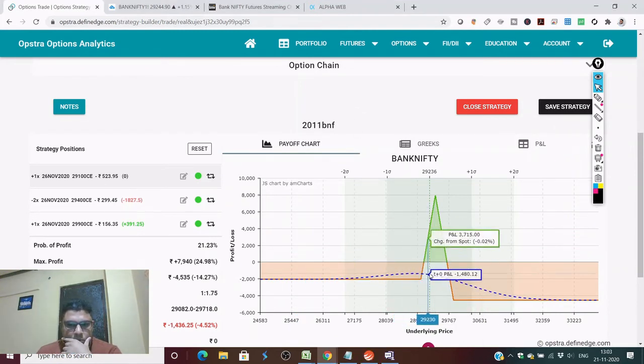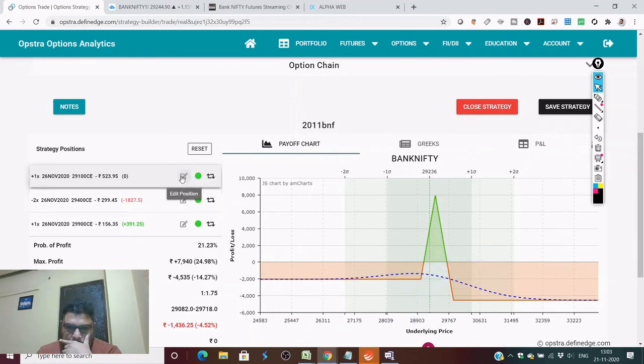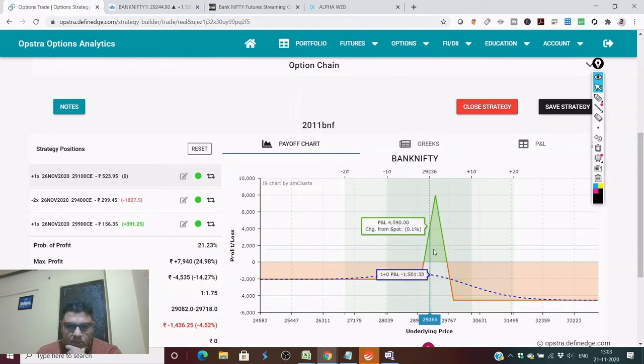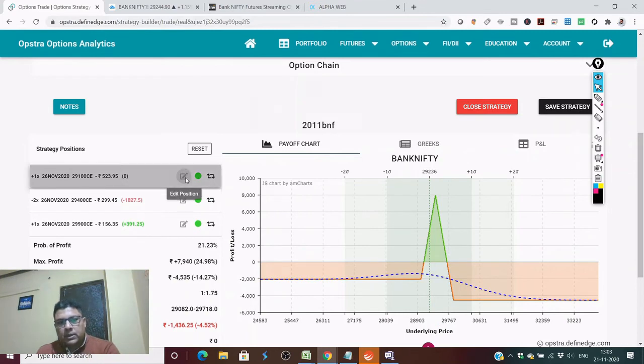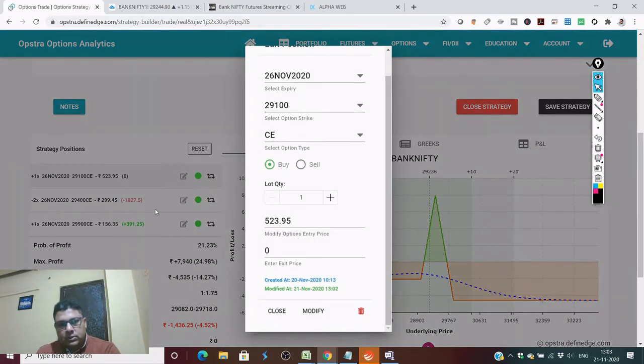So this is our new position now. We are at 29,100. So we changed it. So this becomes like this. But profit is on track. This profit will also be growing once the market starts moving in your direction. And if the market moves further, up to 29,400, you can come closer by up to 200 more points.